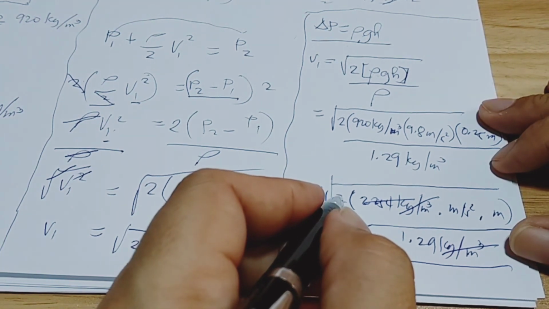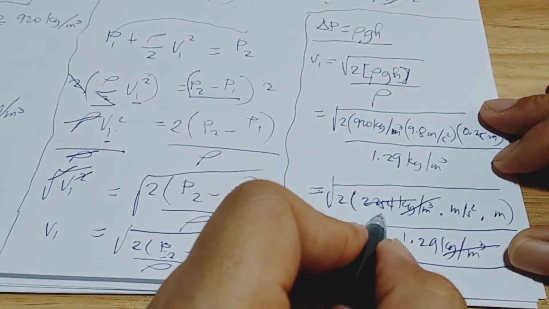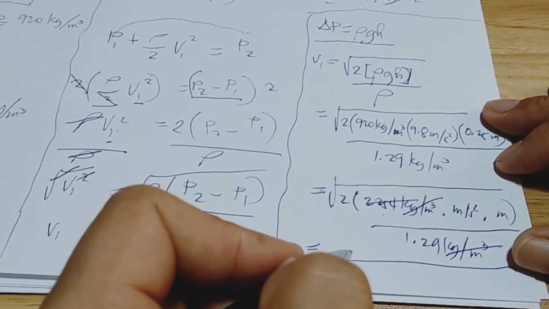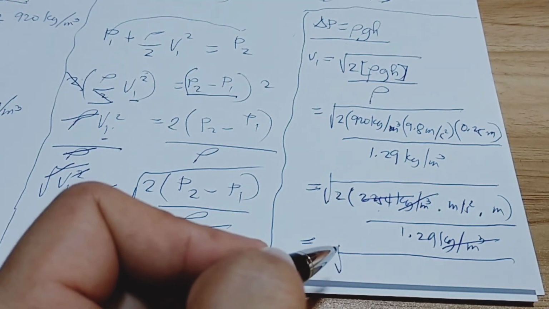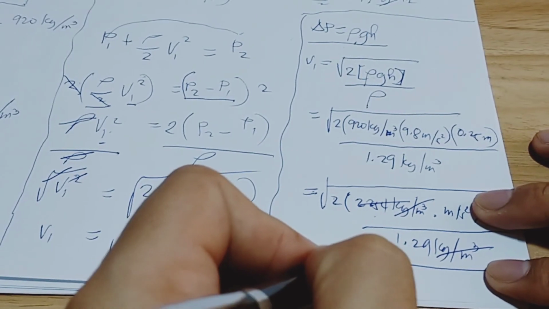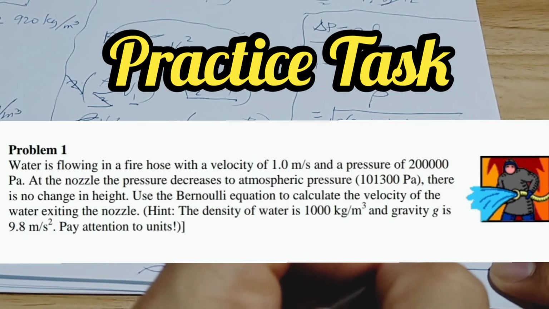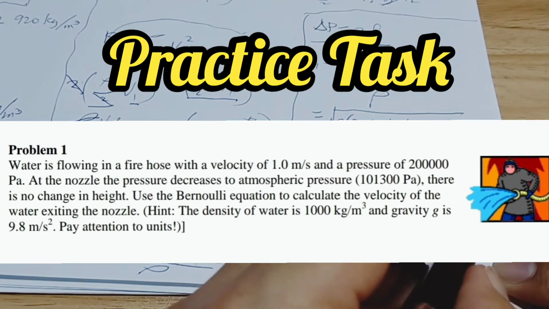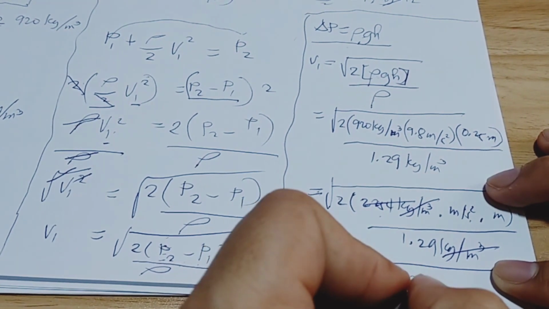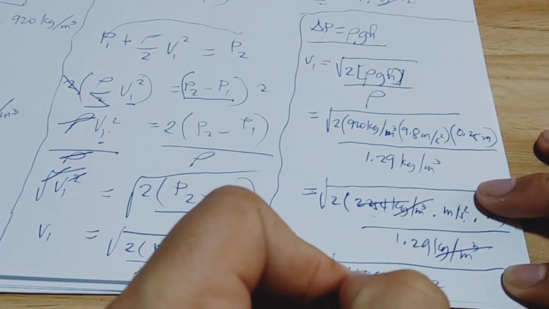So, that is equal now to the square root of, pag minultiply po natin itong 2 times 2,254, ang kakalabasan po niyan ay equivalent sa 4,508. So, ang matitirang unit, meters per second squared times m is meters squared per second squared. Divide 1.29.